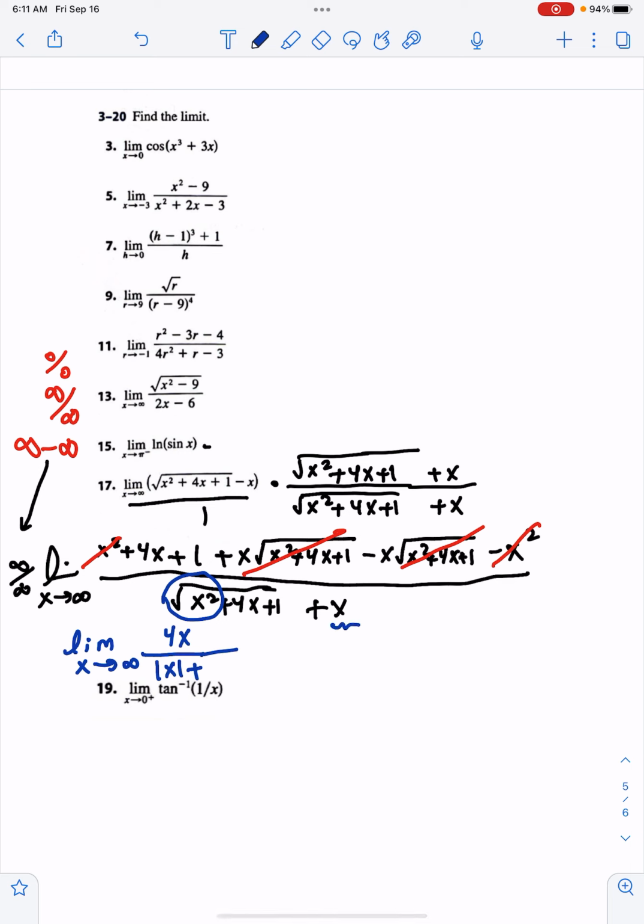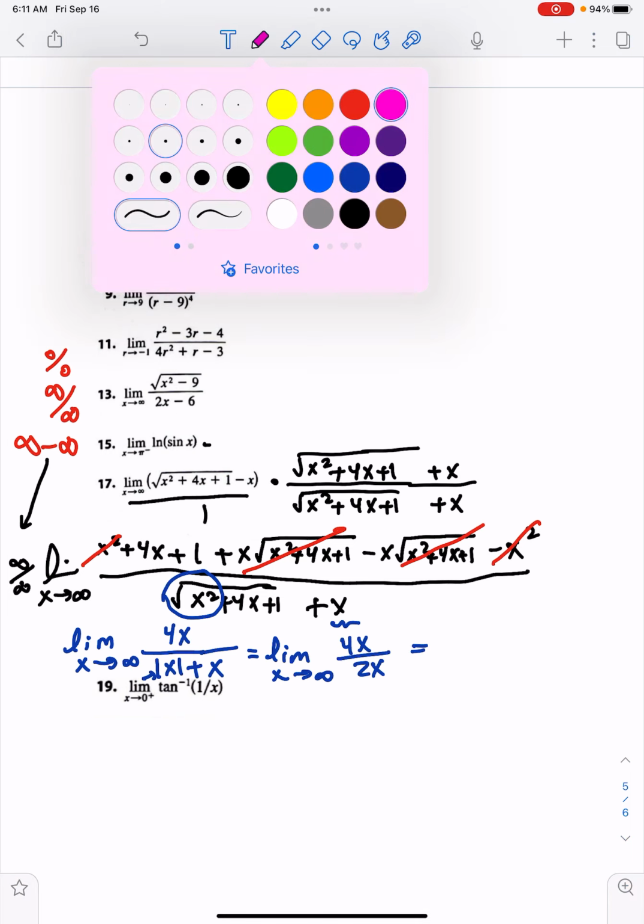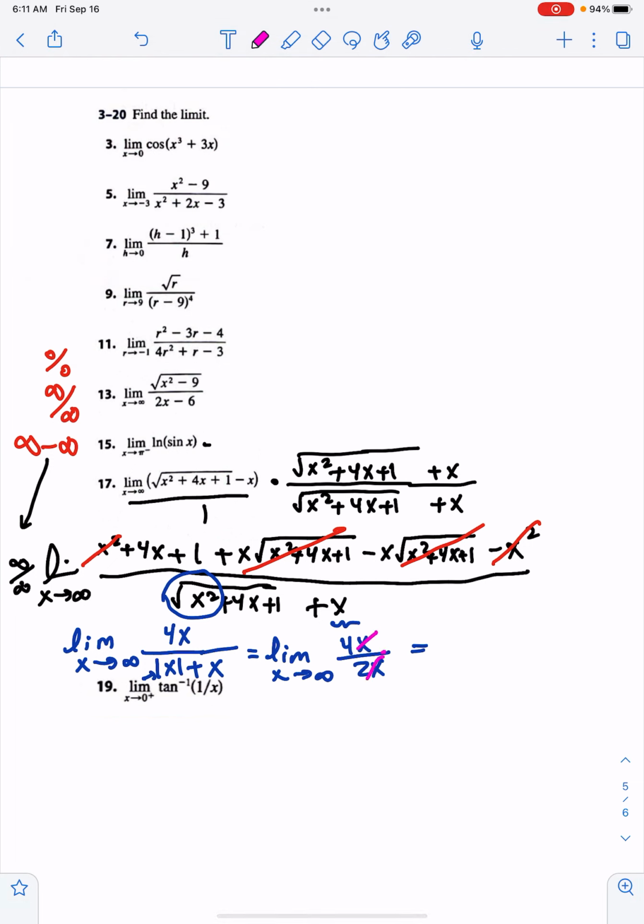They are both degree 1, so you need to write both. You remove the absolute value because it's positive infinity, so it's limit as x goes to infinity of 4x over 2x. And then here x and x cancel, 4 and 2 reduce, so you have 2 left. That's the answer.